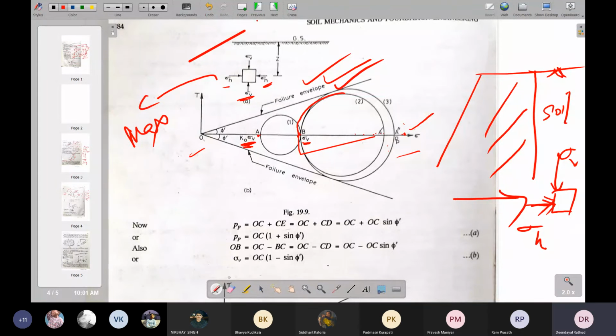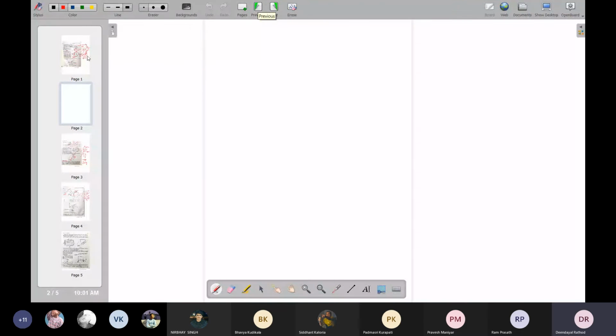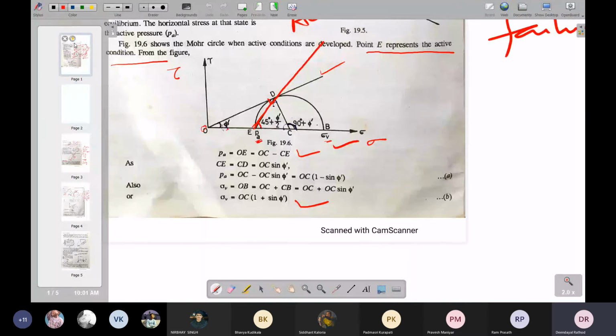Can you identify? OC plus C, D. With the previous one only, I think they have given. So yes, same thing, OC plus CE, they have given in a similar way here.